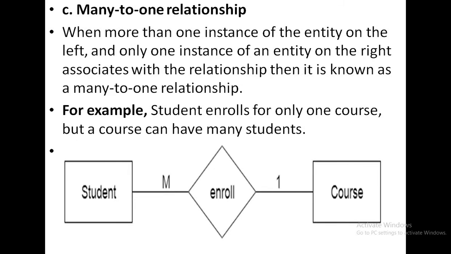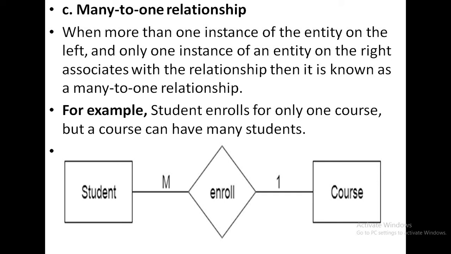The next relationship is the many-to-one relationship. When more than one instance of the entity on the left-hand side and only one instance of an entity on the right-hand side associates with the relationship, then it is known as the many-to-one relationship. For example, a student enrolls for only one course, but a course can have many students.